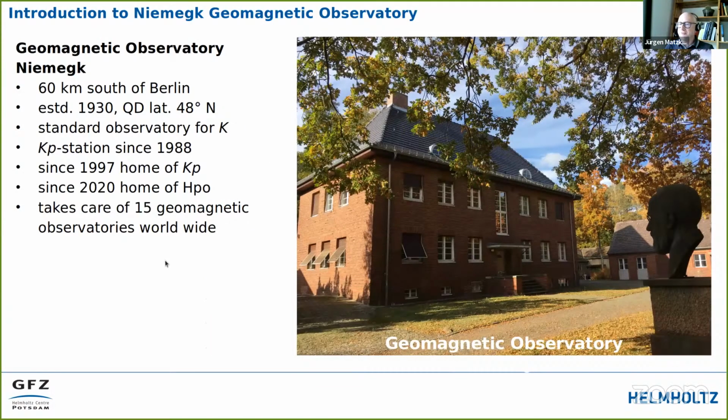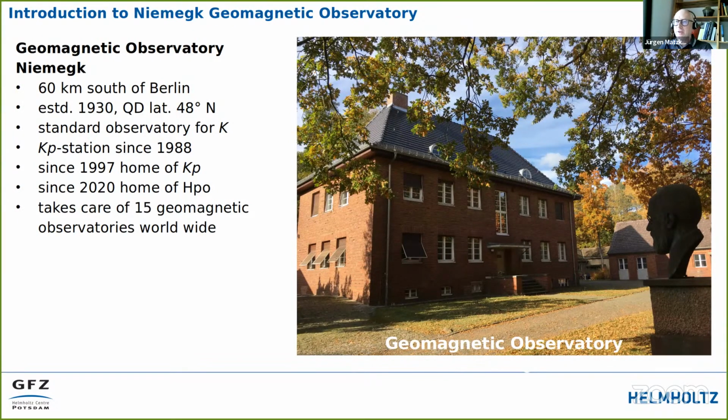Just a short introduction to our geomagnetic observatory. Niemegk is 60 kilometers south of Berlin. The observatory was established in 1930, and its geomagnetic latitude is 48 degrees north. It is actually the standard observatory for the so-called K indices, so all the K indices of other observatories relate to the Niemegk K scale.